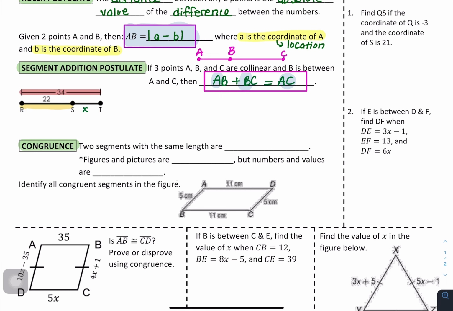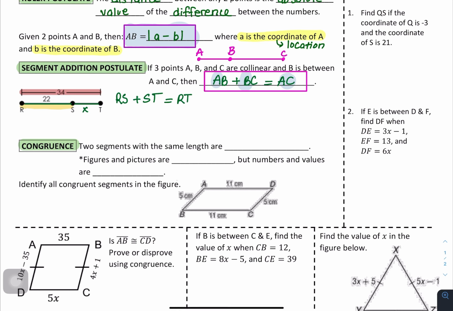So based on the segment addition postulate, we can have what? RS plus ST equals RT.